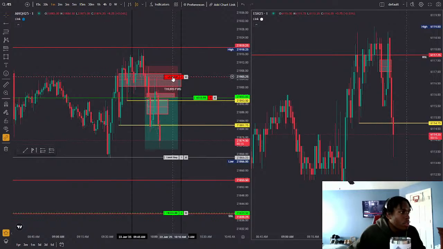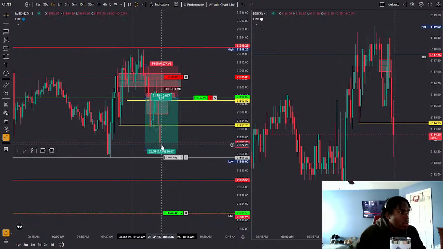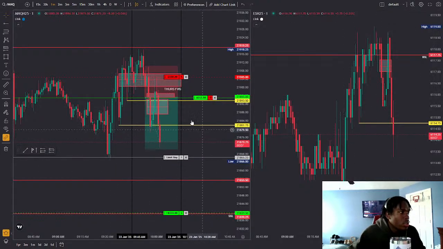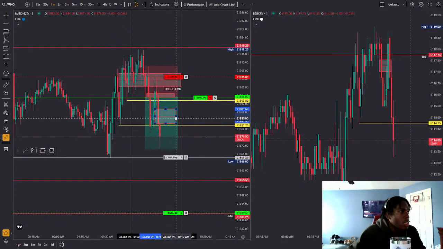But this is definitely the draw on liquidity here right now. I want us to close under here too. Let's see us respect this gap as well.